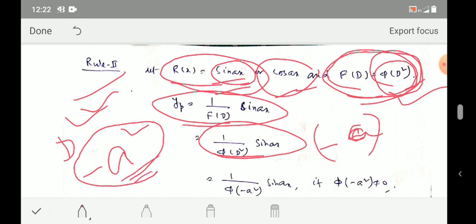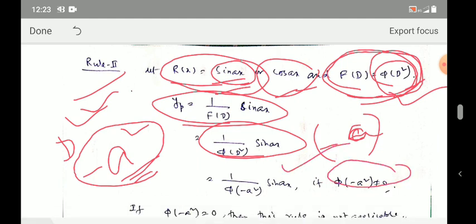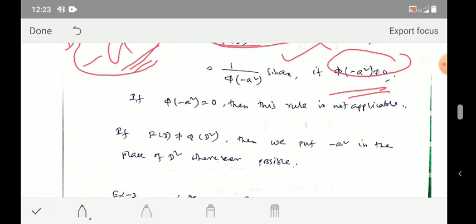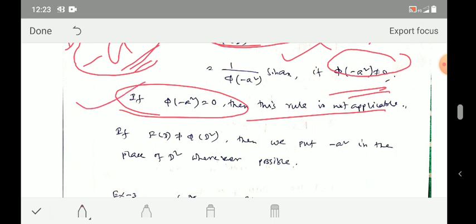If I replace D^2 by -a^2, and the denominator phi(-a^2) is not equal to 0, then the particular integral is obtained. But if phi(-a^2) = 0, then this rule is not applicable. This is a particular case, one of some exceptions, and these exceptions will be discussed later. There is a general method for this exception.